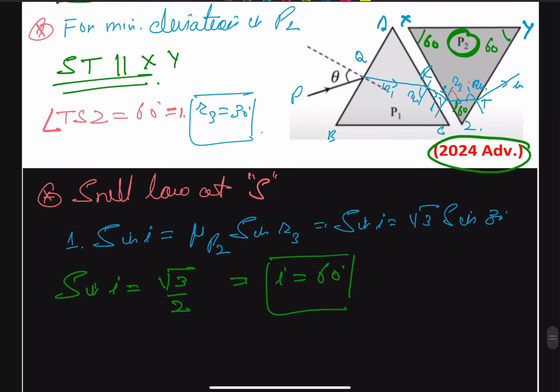So we found out the angle of incidence is equal to 60 degrees, and we have normals. Let us call this normal n1. This is normal n2, this is normal n3. Normal n2 and n3 are parallel with each other.